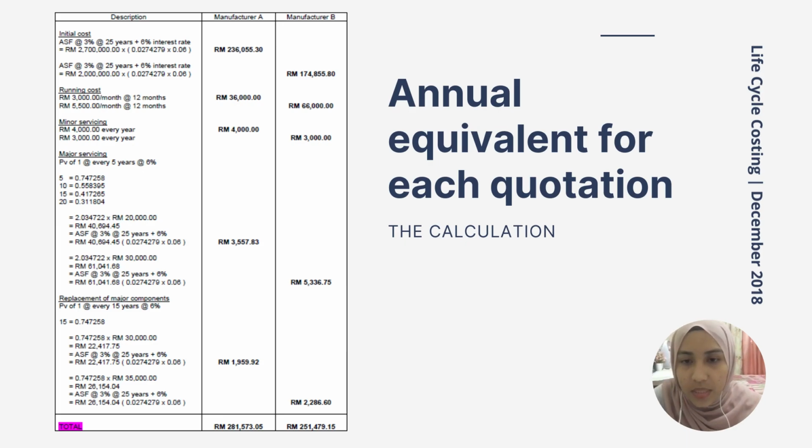Next, for major servicing, the formula present value of £1 is used. The detailed major servicing for manufacturer A and B are both every 5 years. So PV of 1 at every 5 years at 6% interest rate. State the valuation table for 5 years to 20 years and total it up, and then it equals 2.034722.